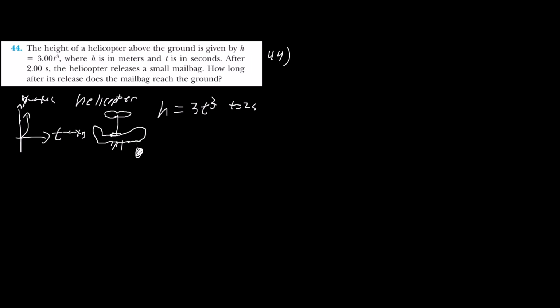So it's sharing the velocity, and then it releases it as it's flying up. If you take the derivative of this, the change of the height of the helicopter with respect to time, the velocity is going to be 9t squared. So after 2 seconds, we can find the initial velocity of the helicopter, and we can set up the motion.